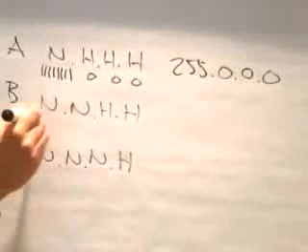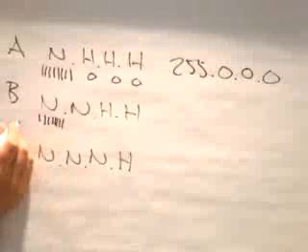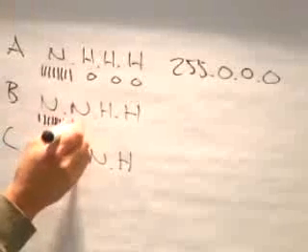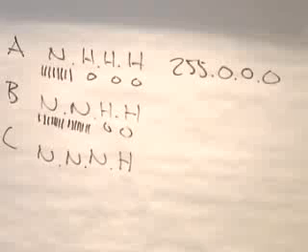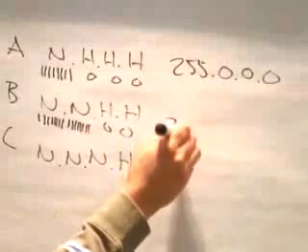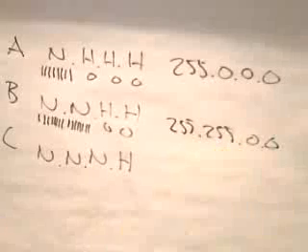Same thing with class B: network, 8 bits, network, 8 bits, then zeros. This is the subnet mask that tells me what I already knew about class B networks. It's sometimes referred to as the classful class B mask.